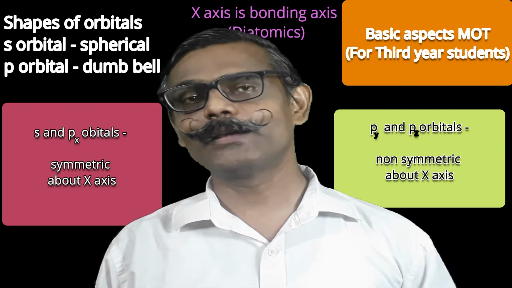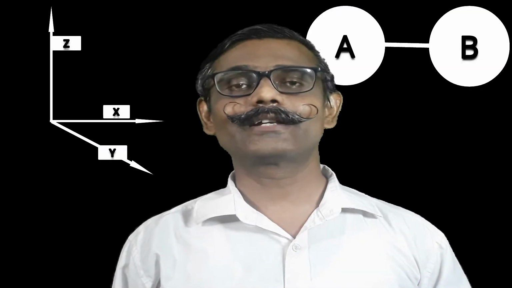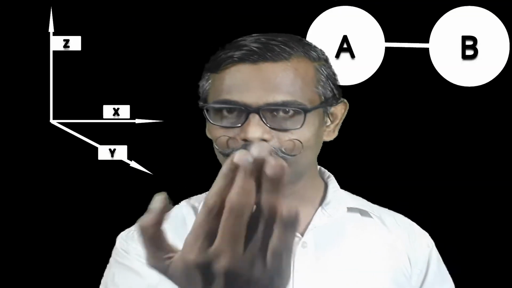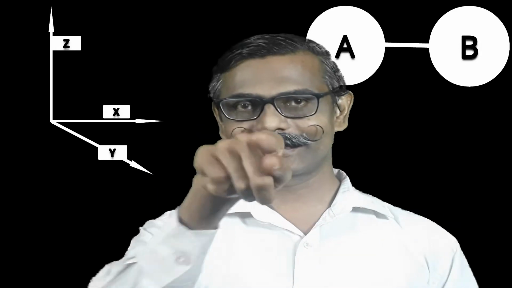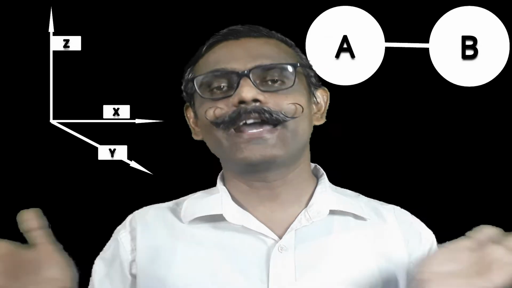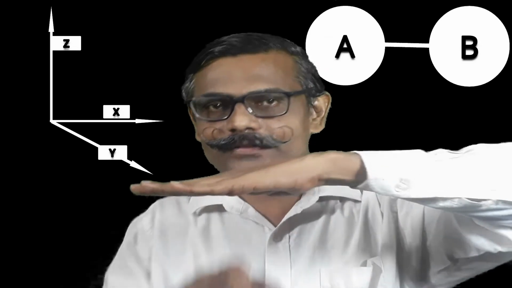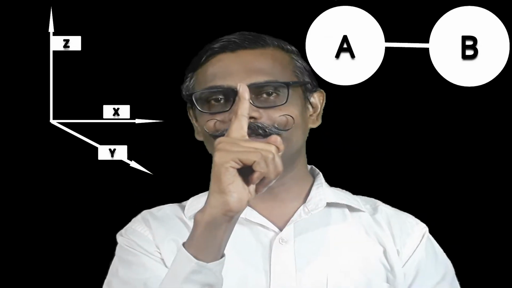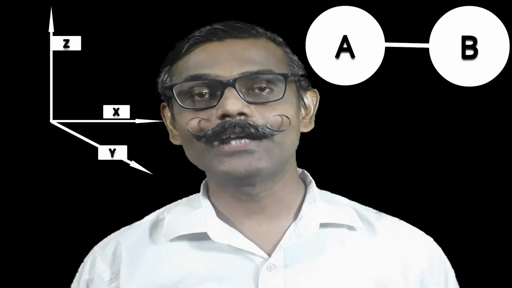So what is our convention? Up and down is our z-axis, towards you and towards me is the y-axis, and left and right of us is the x-axis. These are the axes conventionally we are choosing.